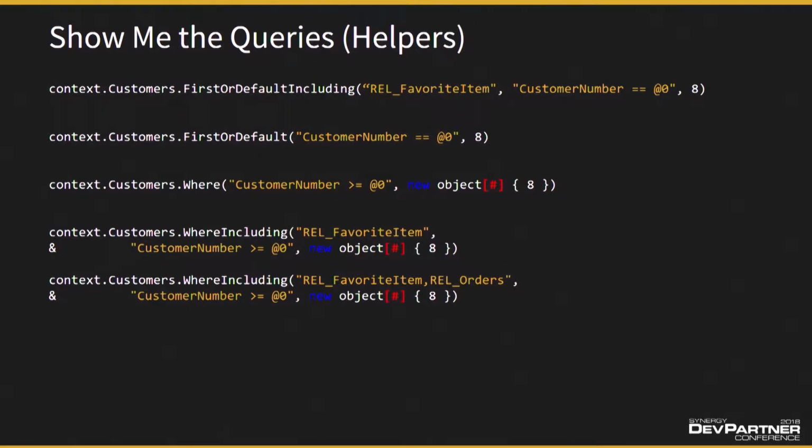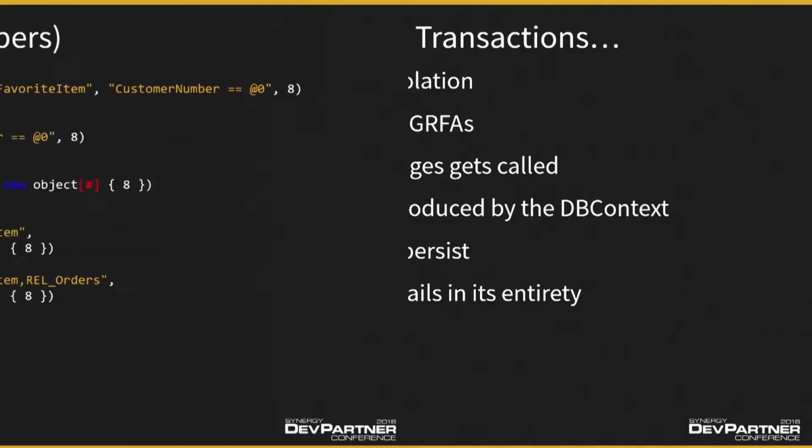FirstOrDefault without the word Including just gives me back a customer that matches the expression. Where, as opposed to FirstOrDefault, gives me back all of the things that match that filter. And then WhereIncluding is a lot like FirstOrDefaultIncluding. It's going to match the qualifier and also do the select join. And that can work for multiple items at the same time, as evidenced by the second one.